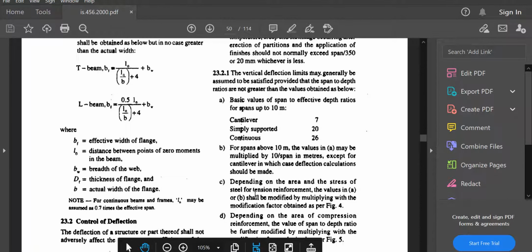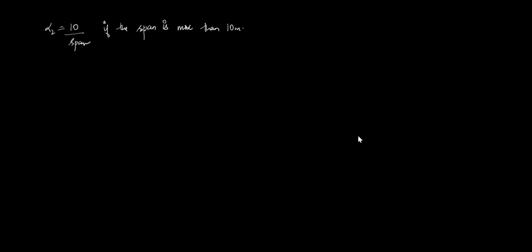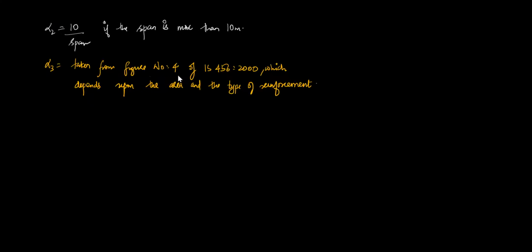Now the third one, that is, depending on the area and stress of steel for tension reinforcement, the values in A, that is alpha 1, or B, that is alpha 2, shall be modified by multiplying with the modification factor obtained as per figure number 4. So I can say alpha 3 is taken from figure number 4 of your IS 456, which depends on the area and type of reinforcement.